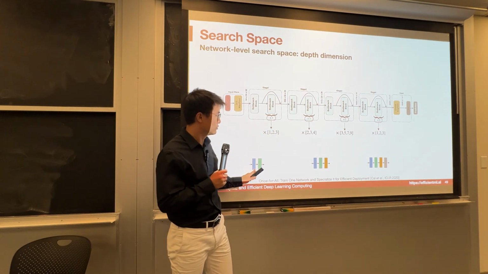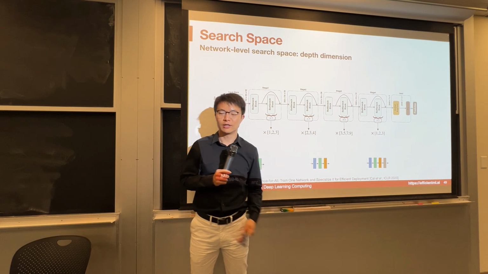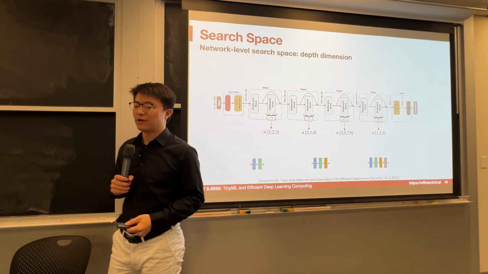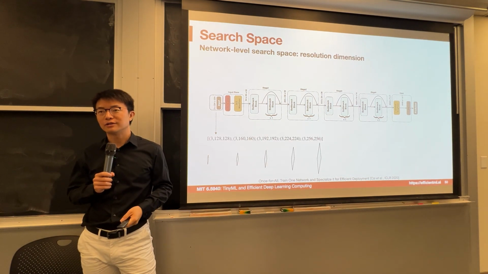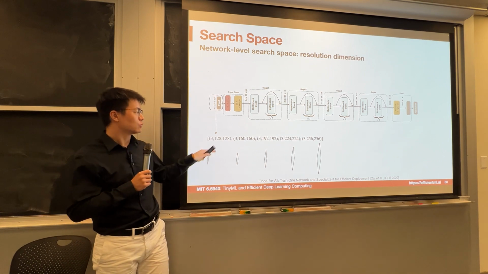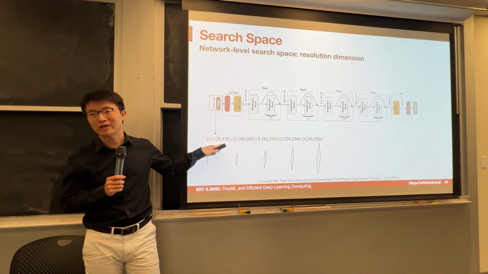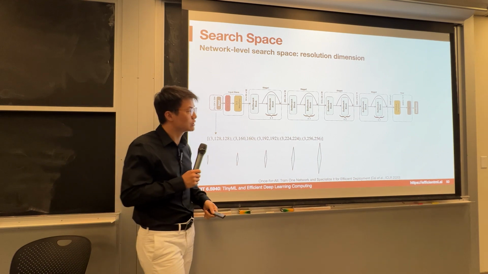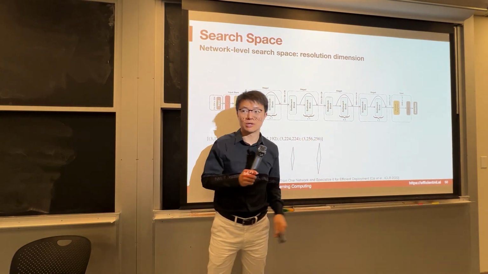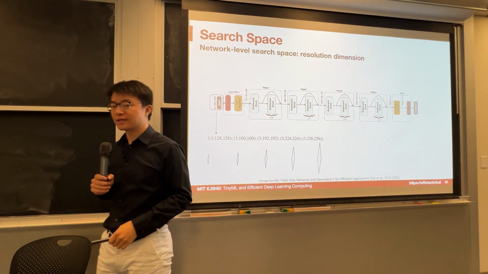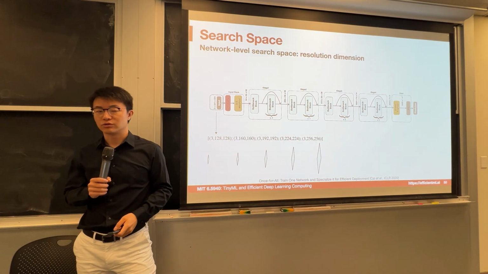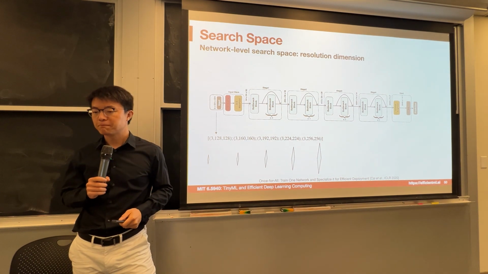We can have depth of 2, depth of 3, depth of 4, etc. The depth dimension. We also have the resolution dimension. We can use a 3 by 128 by 128, a pretty small resolution, or we can go with a larger resolution, like 256 by 256. So this is another dimension we have to choose.